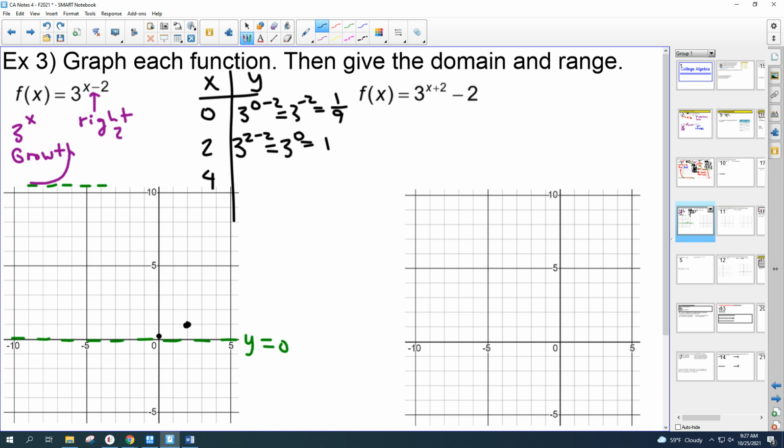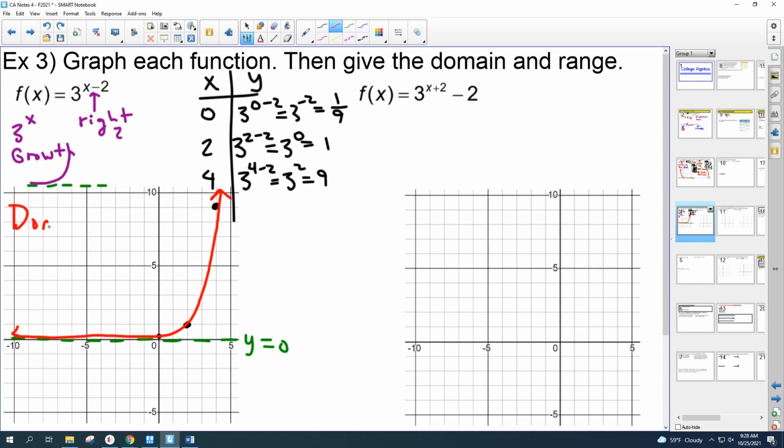Let's say we do 4. 3 to the 4 minus 2. That's 3 squared, which is 9. Okay, 4 comma 9 is up here. I feel like that's probably good enough. I know what this thing looks like already. It's going to be flat to the asymptote, and then it's going to curve up and hit these dots. Something like this.